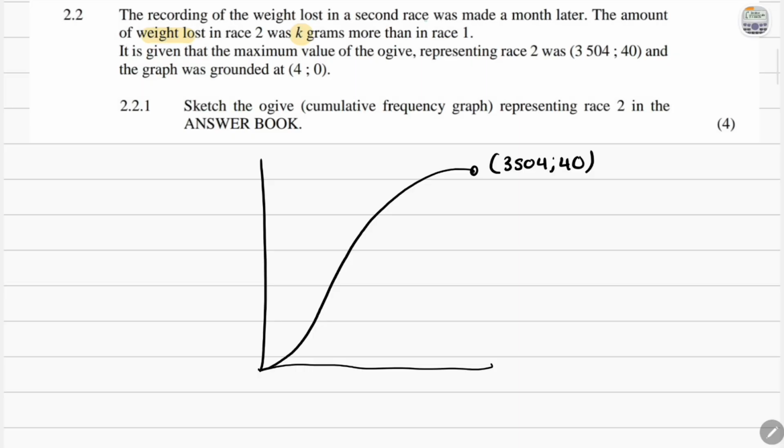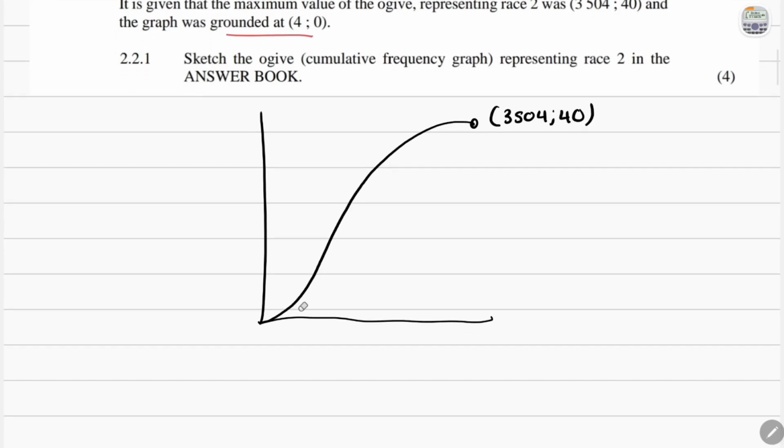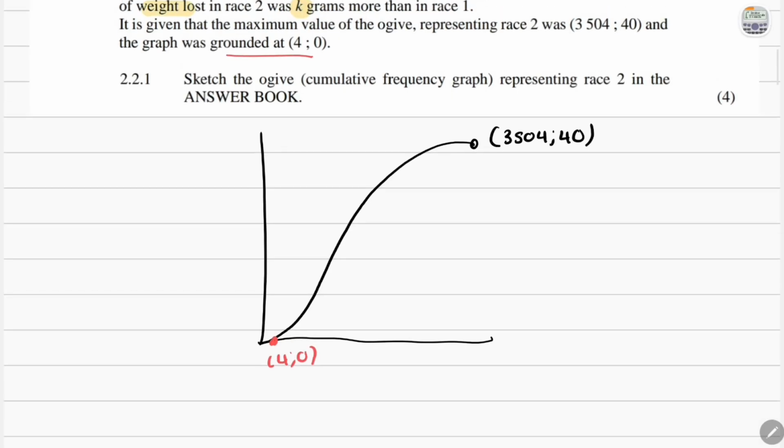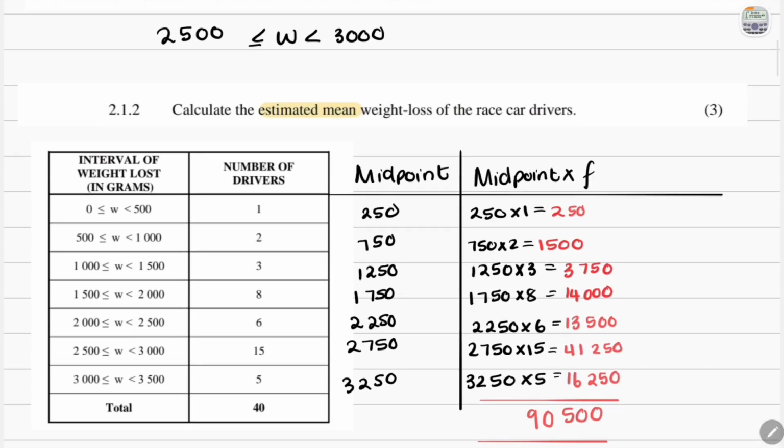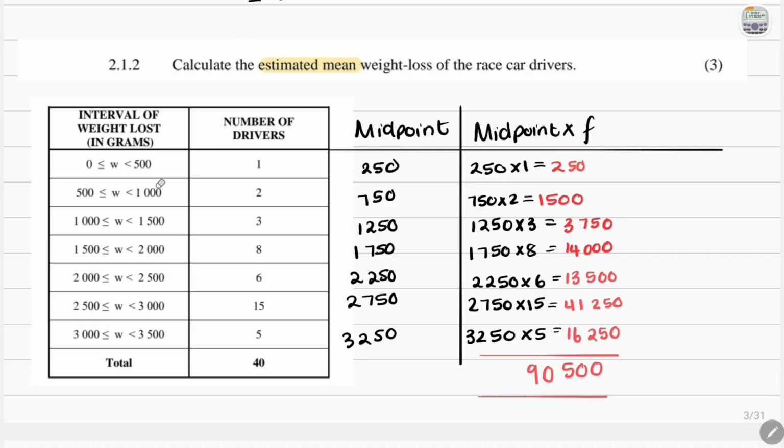Okay, and then we can also see and confirm this from this part where they tell us that the graph was grounded at (4; 0). So where it touches the ground or this x-axis is at (4; 0), like that. So here, where did it touch the ground before? From the way these classes look, you can see that it had an x value of 0.